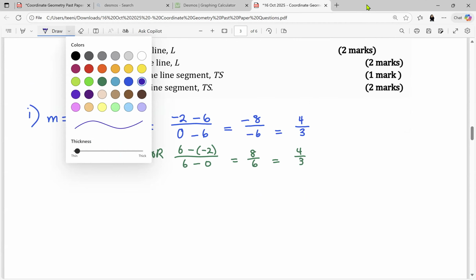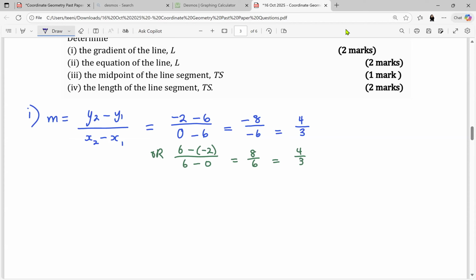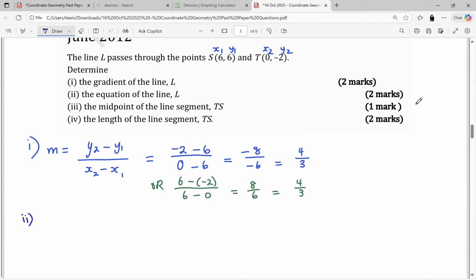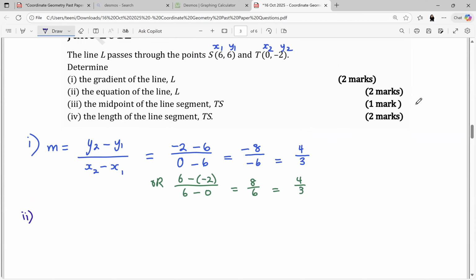So for the equation of the line, you would substitute, guys, the gradient, which you just found, as 4/3, and one of the points into the equation y is equal to mx plus c to find c. That's how you find c. So you substitute any one of the points. I'm going to substitute 0 and -2 into y is equal to mx plus c to find c.